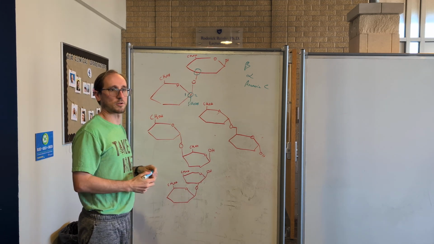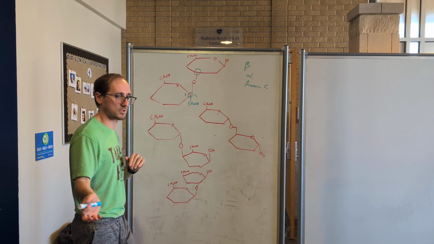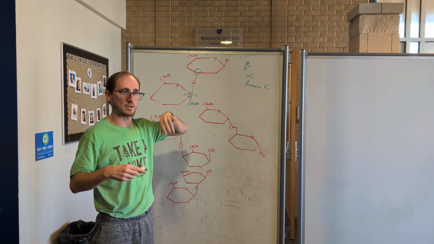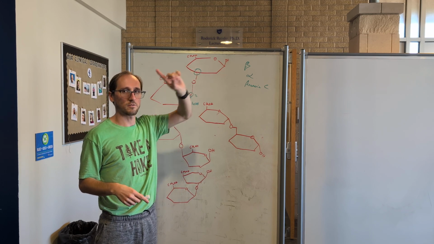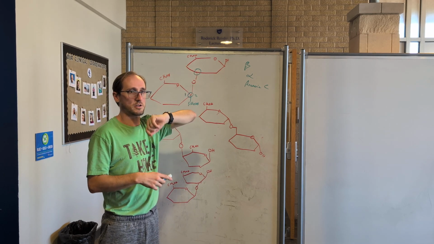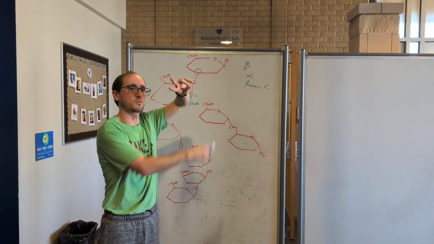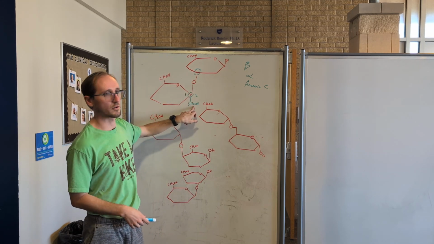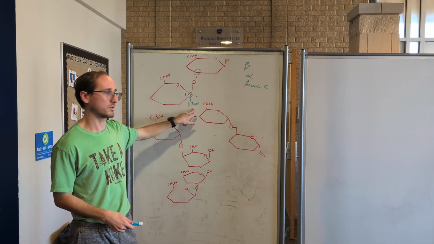Think about when we did Fischer to Haworth and cyclizing: the aldose carbon is always carbon 1 and you were circling around to it, whereas the ketose was always carbon 2, and you had to add in that first carbon afterwards.